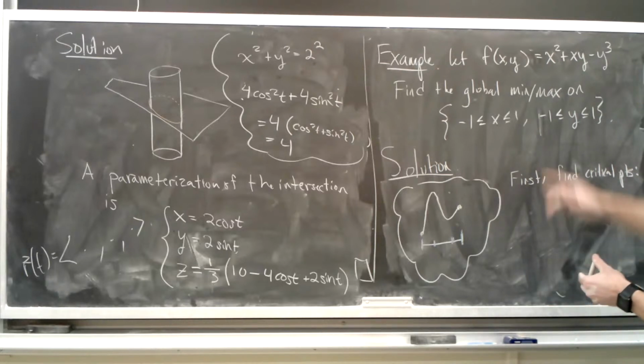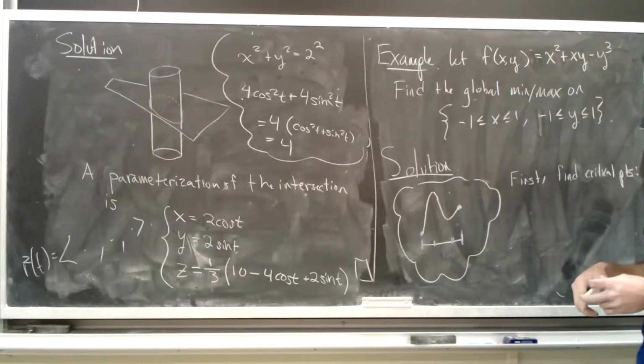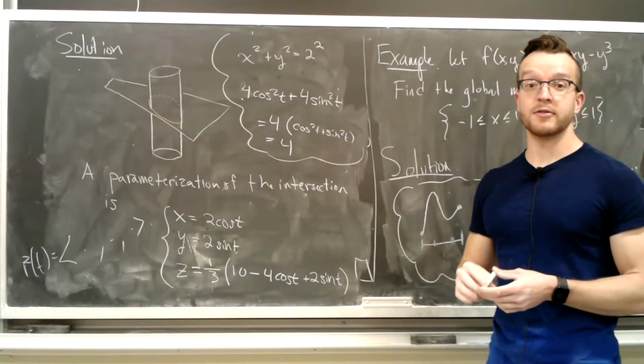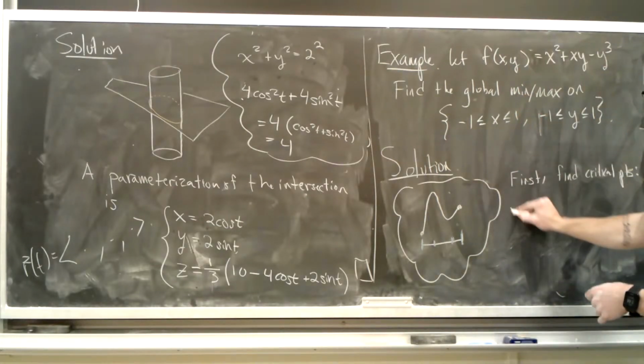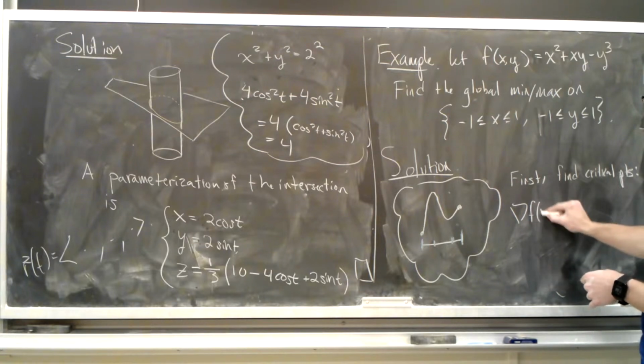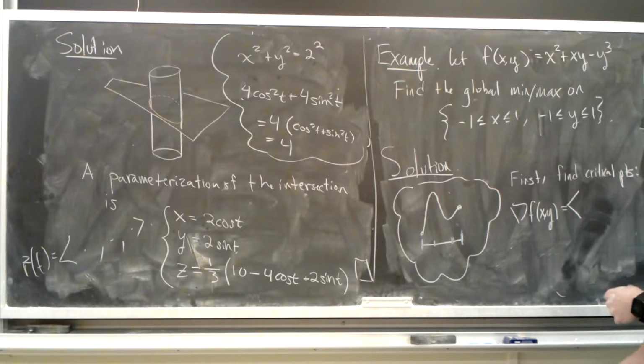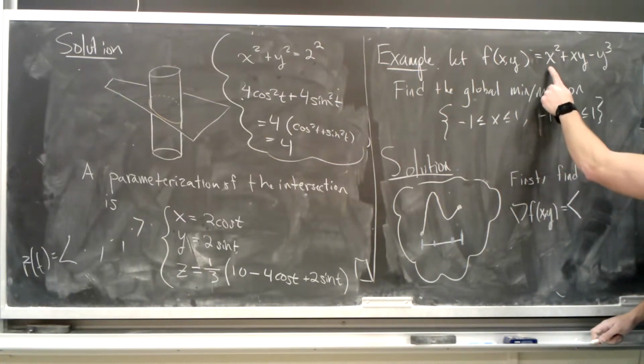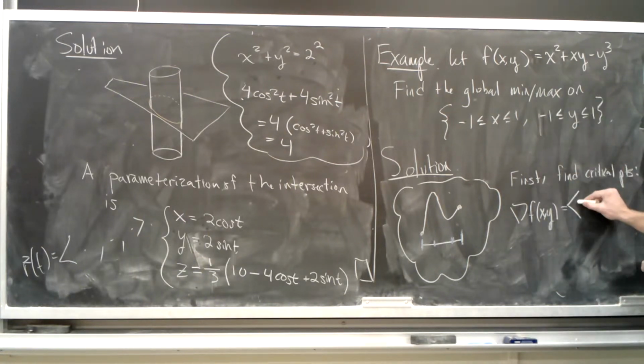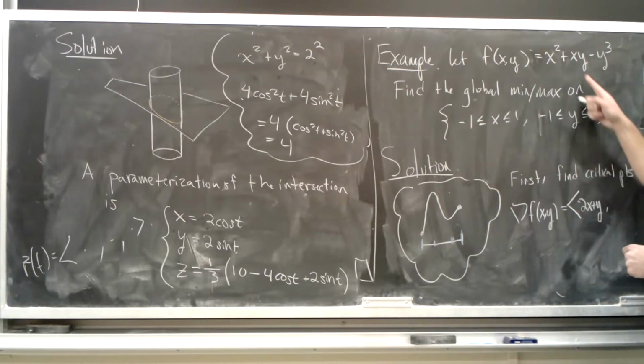How do you find critical points of a multivariable function? You look for where the gradient is the zero vector. All right, so the gradient in this case, the x derivative is 2x plus y, and the y derivative is x minus 3y squared.